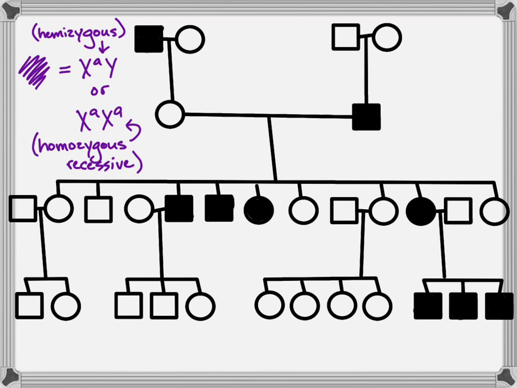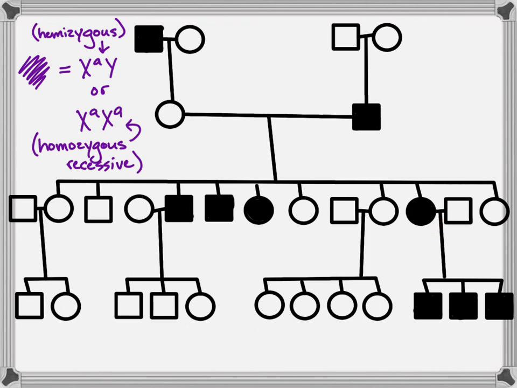And then one kind of giveaway is when a mother has the trait and all her sons have it, because remember, a mother passes her X to her sons, and so if she has two recessive X's, the sons get their Y from their dad, and so all the males have the same trait their mother had.